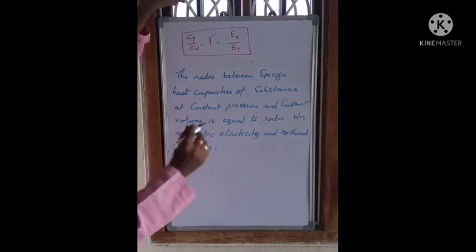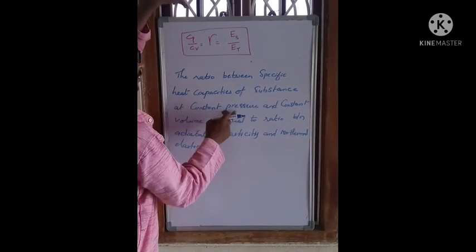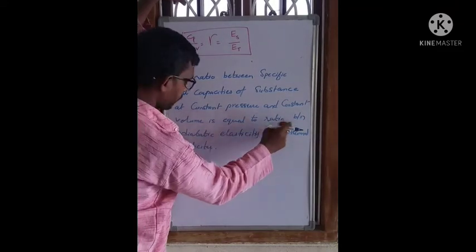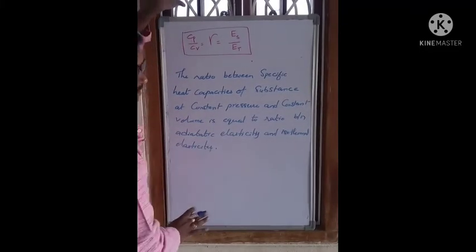Okay, the ratio between specific heat capacities of substance at constant pressure and constant volume is equal to ratio between adiabatic elasticity and the isothermal elasticity.